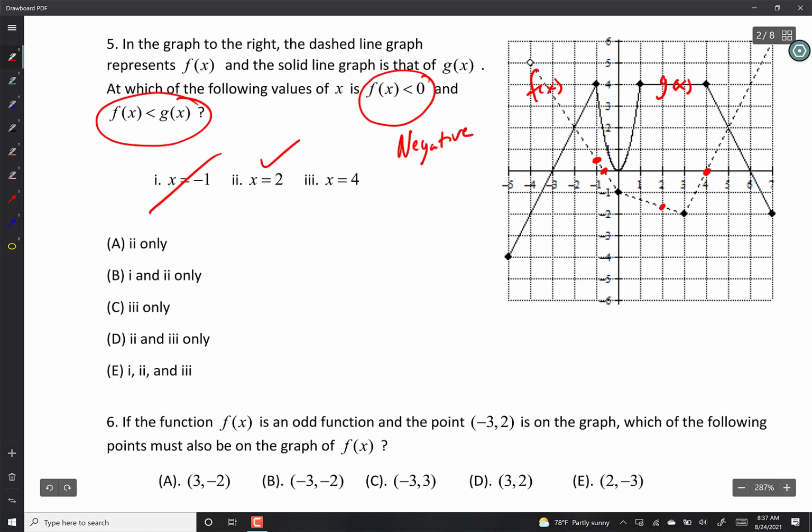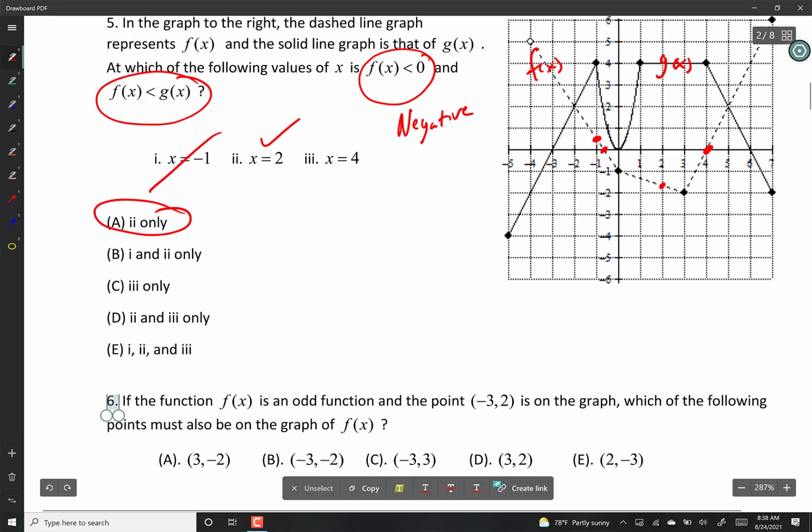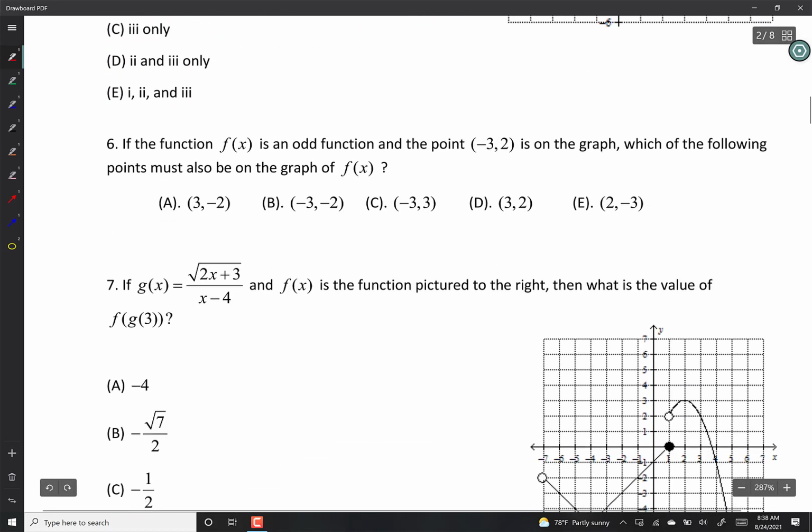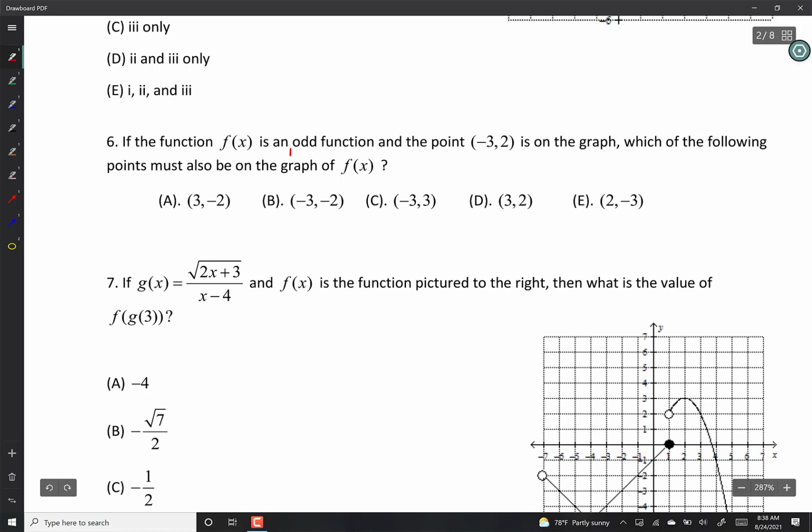And at x equals 4, f of x is equal to 0. So just Roman numeral 2. We want f of x to be negative. It must be negative. And that's it, guys. Are we okay? What does it mean to be odd?